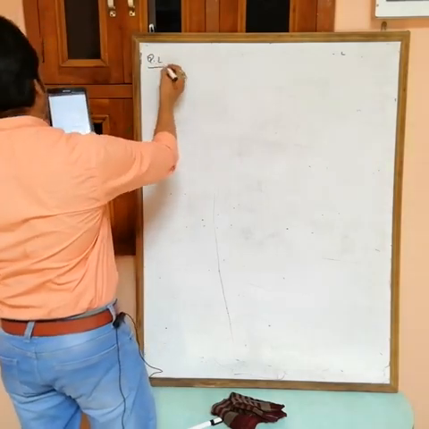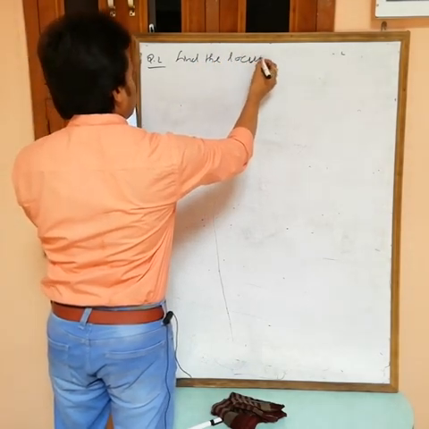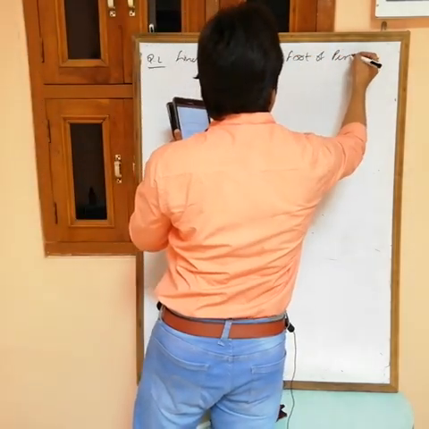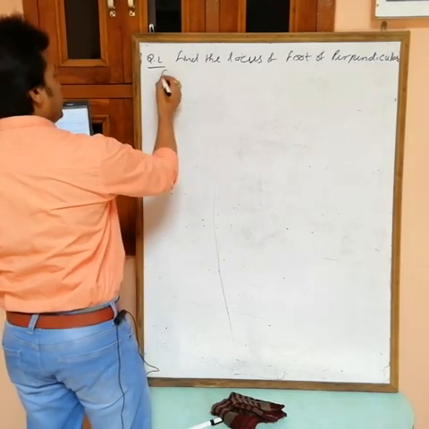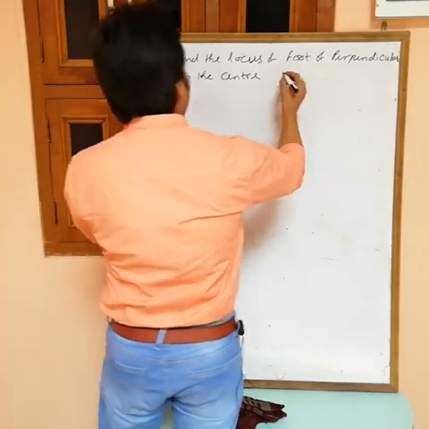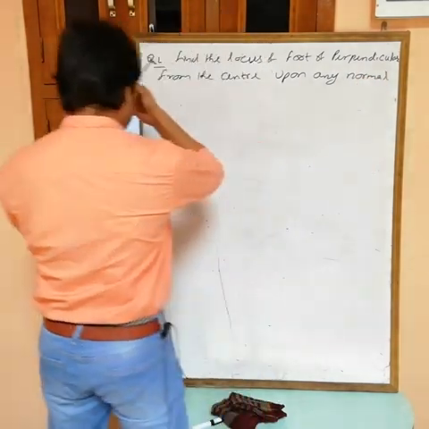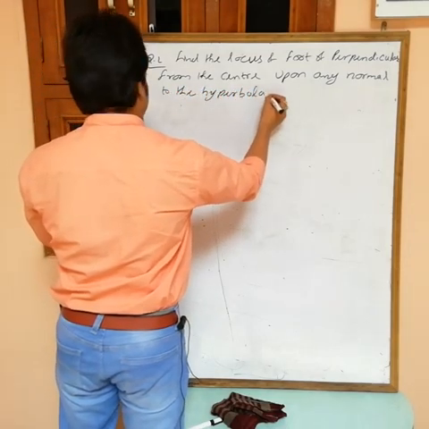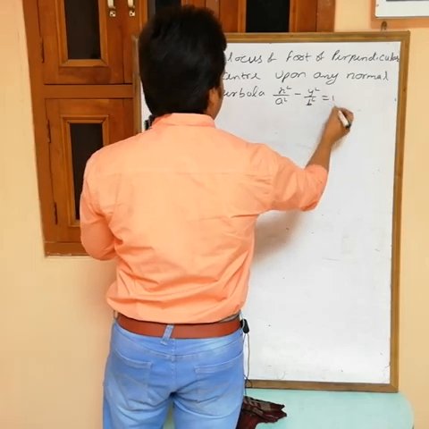Next, find the locus of the foot of perpendicular from the center upon any normal to the hyperbola x square by a square minus y square by b square equal to 1.